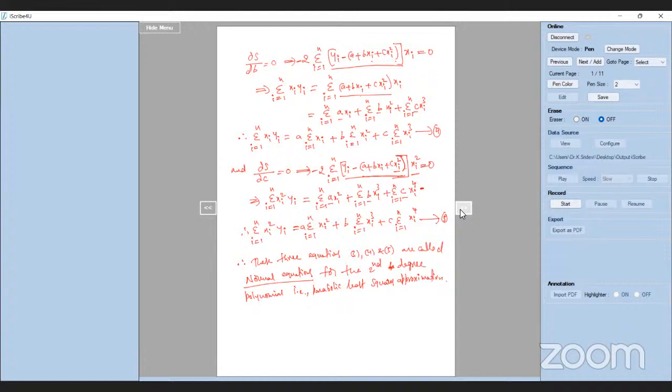These are the normal equations for parabolic least squares approximation, or for the second degree polynomial.